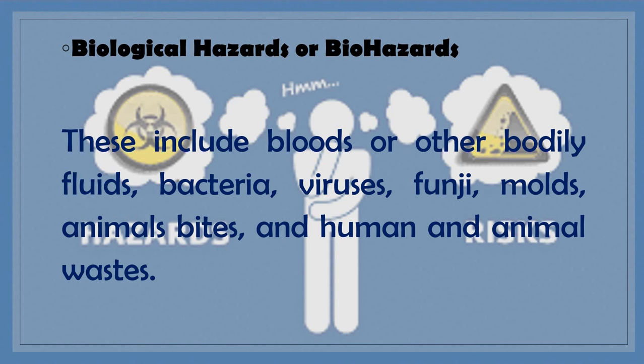Thus, it can cause foodborne illness or food poisoning. Okay, meat in poultry, fruits and vegetables, and humans and animals are some source of this type of hazards. They are carriers of contaminants that cannot be ignored because of their great impact to human health. Okay, so that is biological hazards or biohazards.